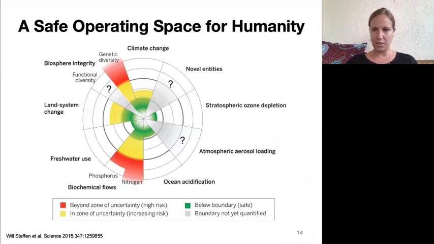You would have watched a video about a safe operating space for humanity, which is a concept developed at a sustainability center, which used tons of data in order to quantify the limits of, as well as where we currently stand on, ecosystem processes.